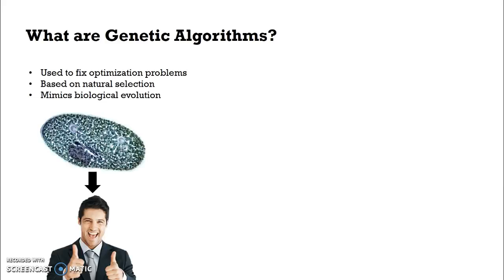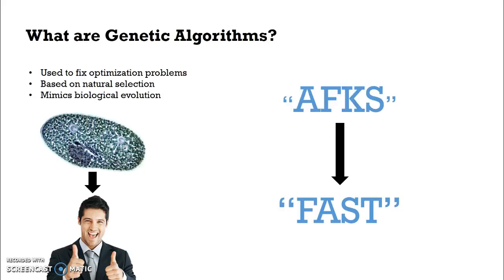So, it could be turning a single-cell organism into a fully developed human, or turning a randomly generated word to the desired word that we want, and that is what I made my code do, but we'll get into this more later.